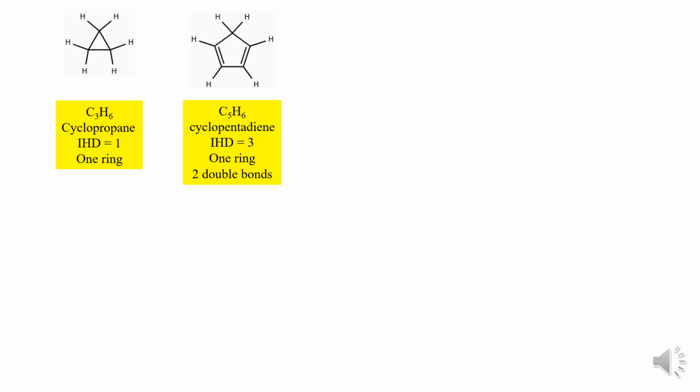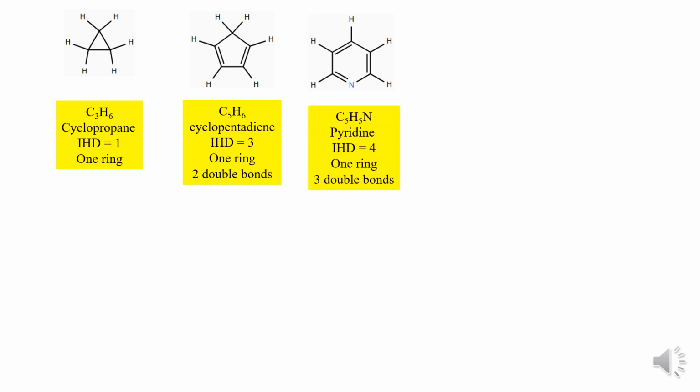So cyclopropane with molecular formula C3H6 has an IHD value of 1, accounting for presence of 1 ring. C5H6 for cyclopentadiene has an IHD value of 3 because it has 1 ring and 2 double bonds. Next is pyridine.